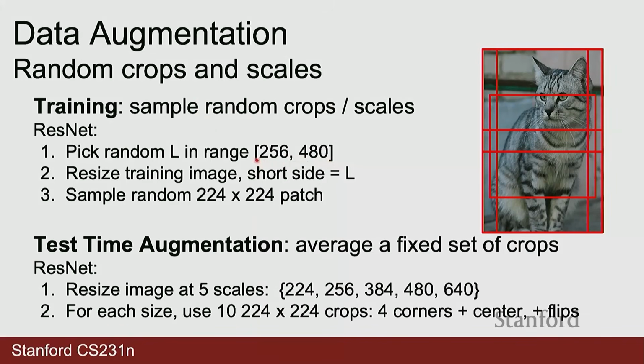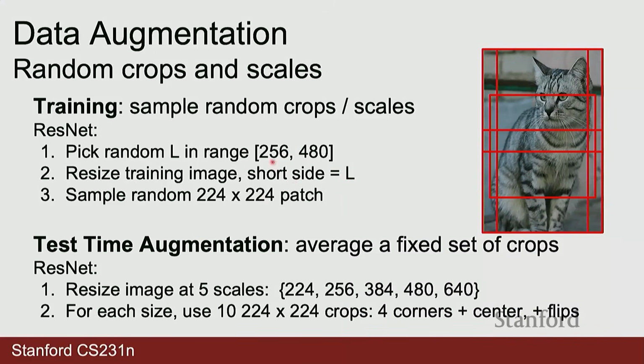And these are commonly used values. You don't crop, you resize the image to be that scale. So instead of, say, this is an 800 by 600 image, if we use 256 here, we resize the short side, so 600 to be 256, and then 800 would be scaled correspondingly.